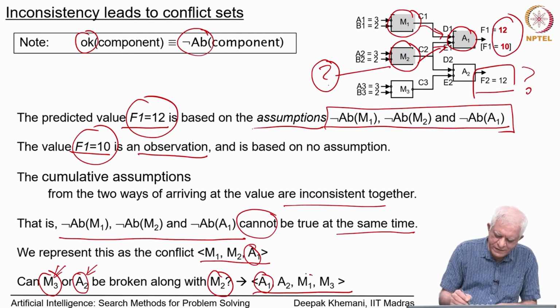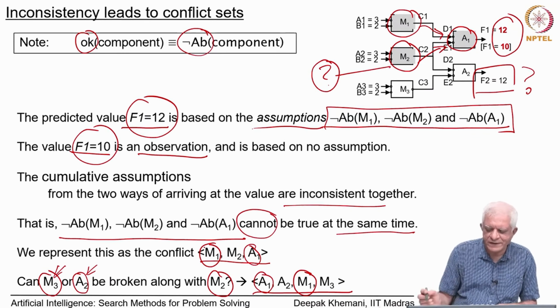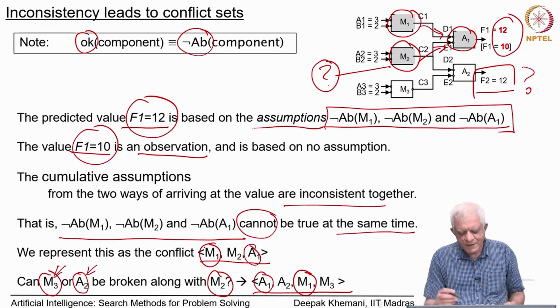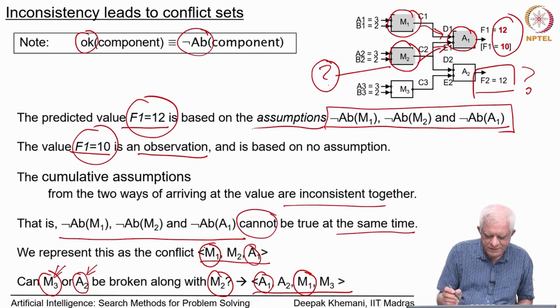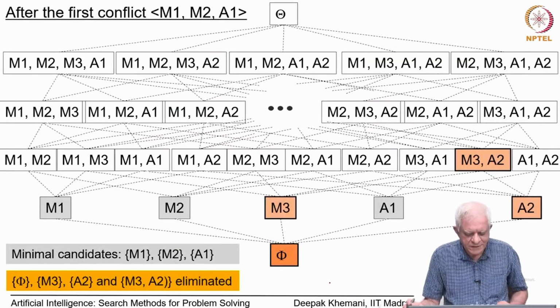Alternatively, we could have said that M1 is faulty, M1 is there in both the conflicts, and that would explain the fact that we can understand why the discrepancy is there. But it could also be the case that we pick M2 from the first one and either A2 or M3 from the second conflict. So, let us see how that happens.